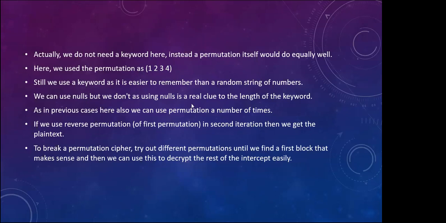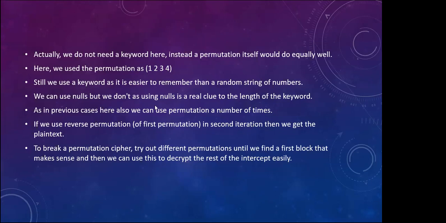In a similar way, we can directly use the permutation format rather than considering a keyword and then using a permutation relation. You can directly use numbers and use a particular permutation for building this encryption.